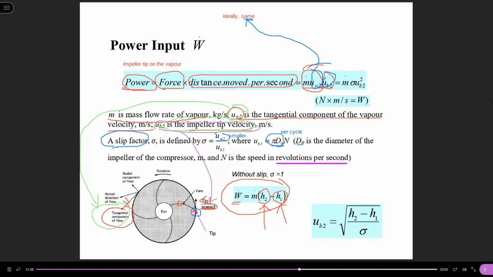In fact, this value is the distance the impeller tip moved.